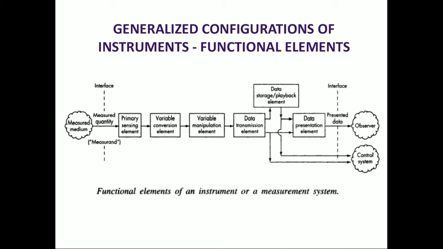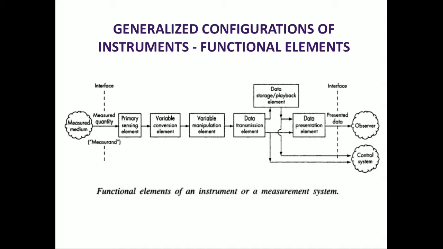Now moving to a generalized configuration of instruments. Here you can see a basic block diagram or a functional diagram of an instrument, of a measuring system. Here you can see two interfaces.